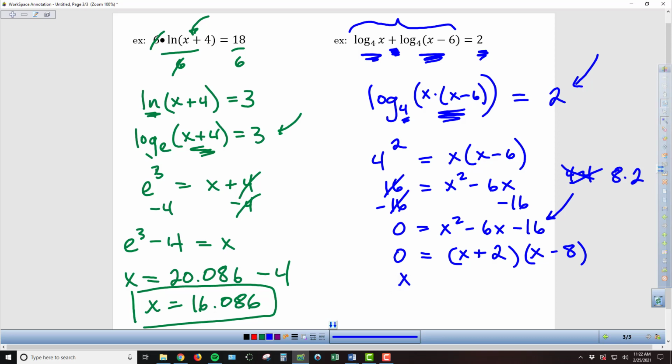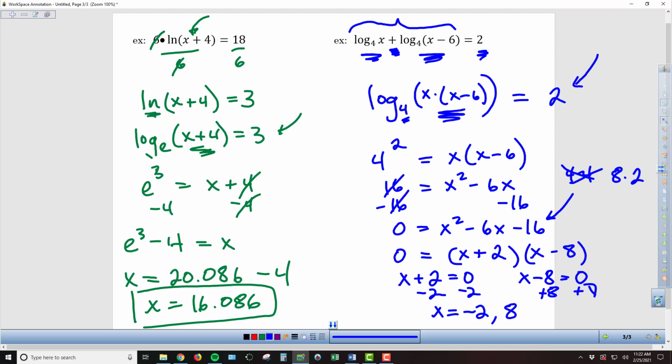So once we have it factored, we can set our factors equal to 0. And so then on this side, we'll subtract 2 and get x equals negative 2. And then on the other side, we'll add 8. And so we get x equals 8 as our second answer.